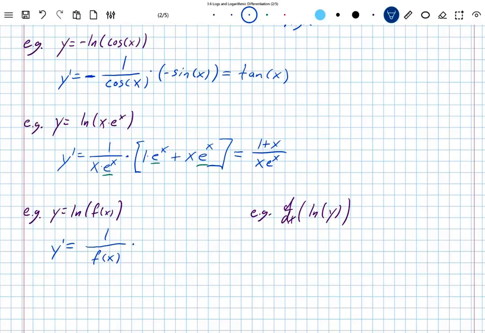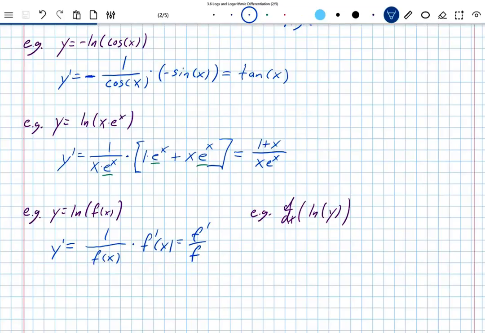Well, the only way I know to write that, because I don't know what it is, is just f prime. Sometimes we'll even shorthand this as just f prime over f. Okay, you'd be surprised how often this comes up, the natural log of f, because we choose to take a natural log of both sides to make our lives easier. So if I want to take the derivative of natural log of f, I just get f prime over f using that chain rule.